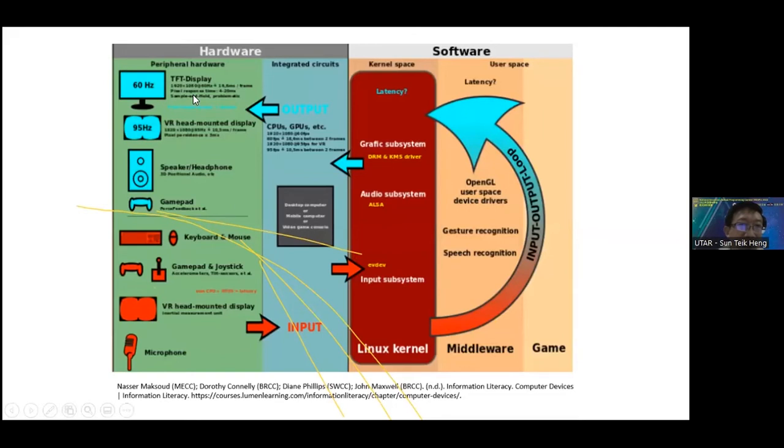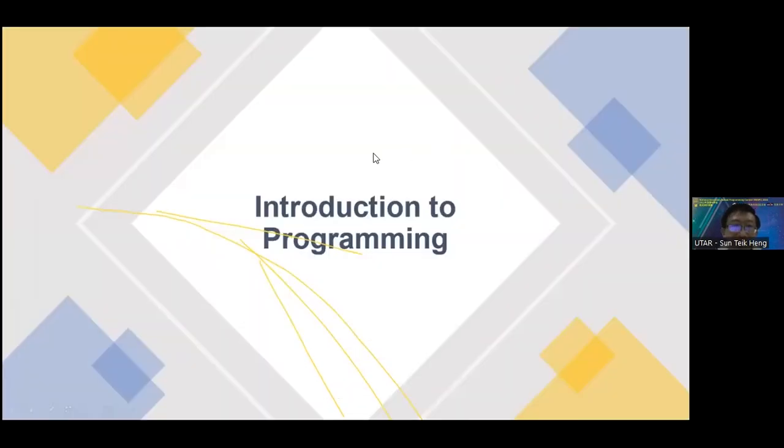For example, for display, the output will go to the display monitor. For audio, the output will go to the speaker or the headphone. So you can see this cycle here. Next we'll look at the introduction to programming.